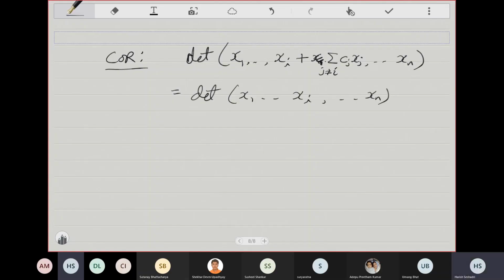So what I'm saying is that if you add a certain linear combination of other columns to a given column and take the determinant, you'll just get the determinant of the original matrix. That's all.